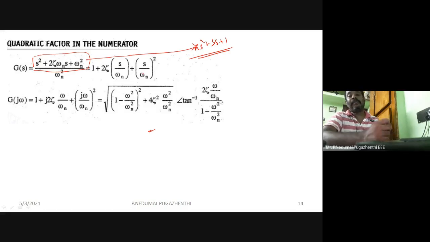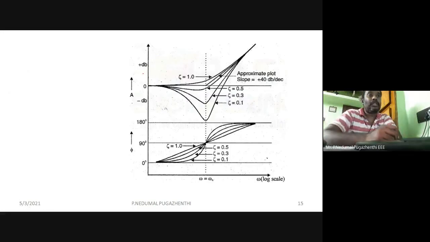So these are the different factors, and if you see the plot for magnitude and phase, it is in the opposite direction, because the numerator part will have a positive slope, and the positive slope might change depending upon the zeta values, and the phase plot also like that.